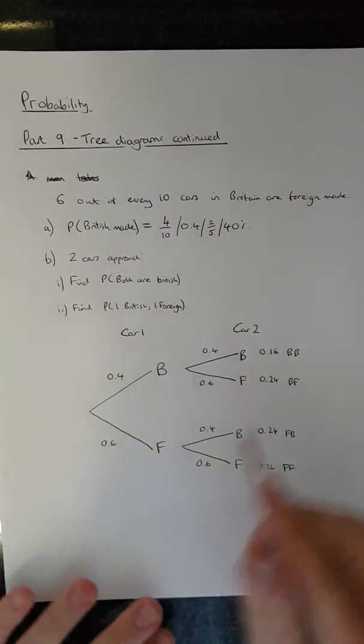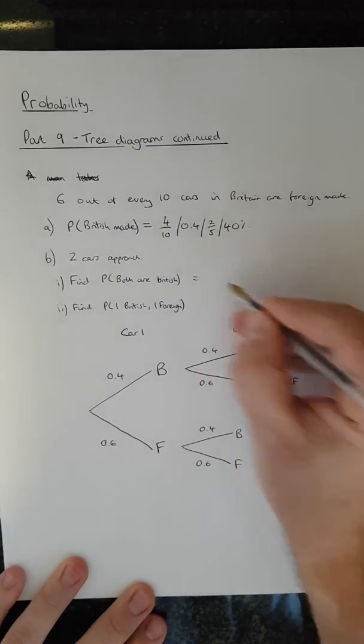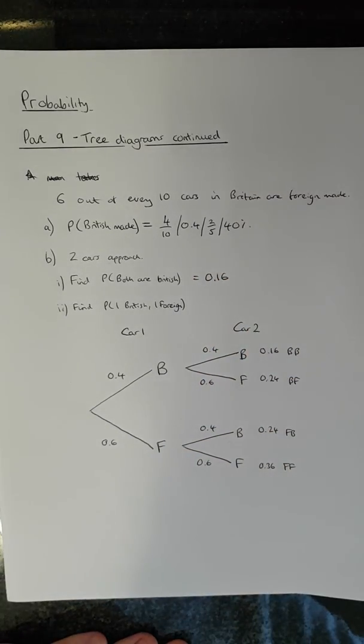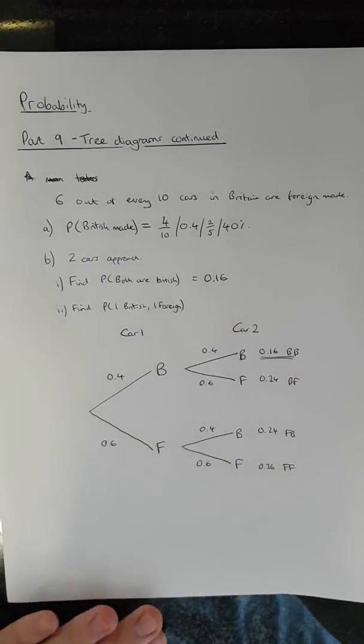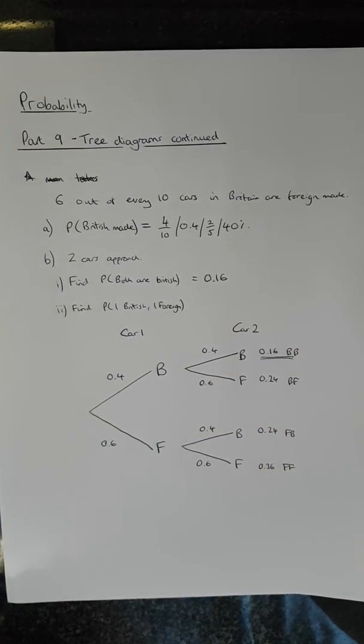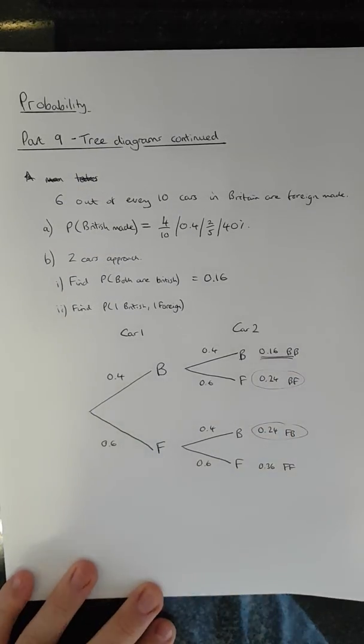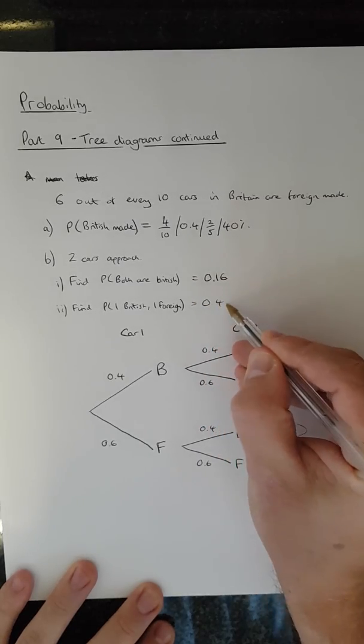So, both British is 0.16. 1 British, 1 foreign. Okay, that's here and here. So that's 0.48.